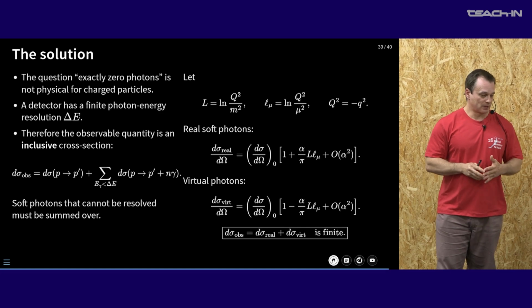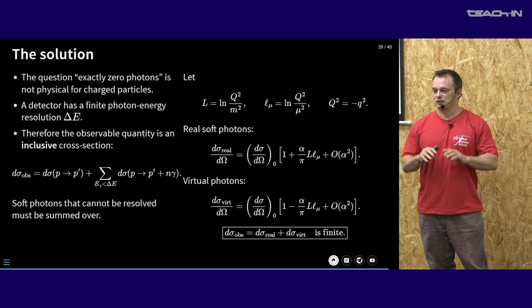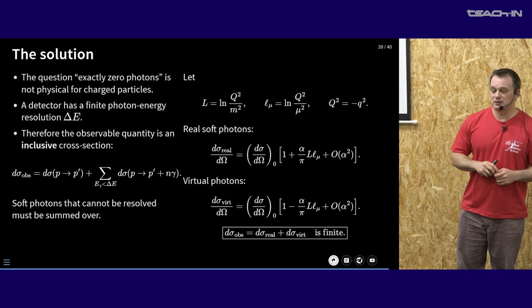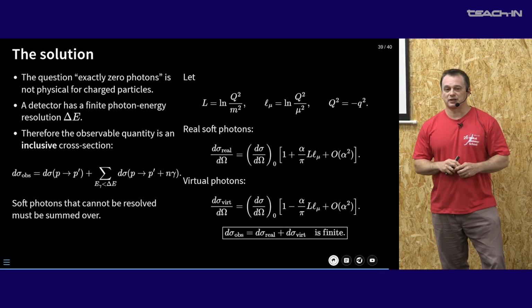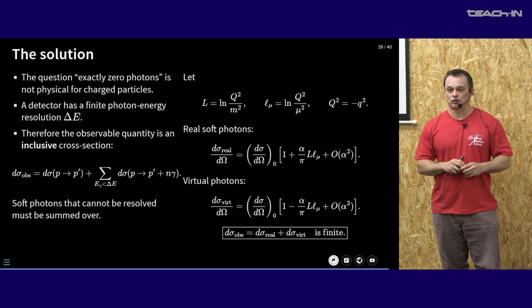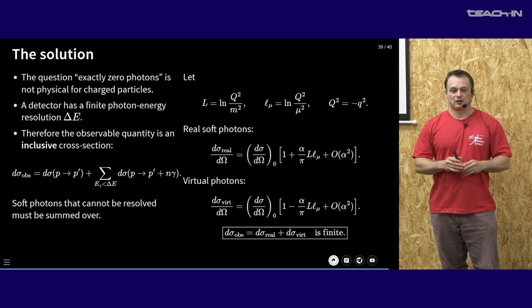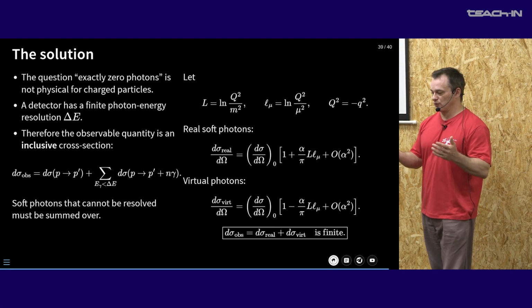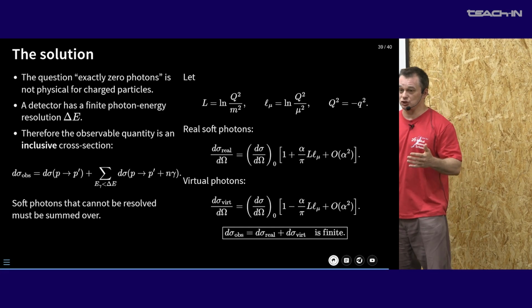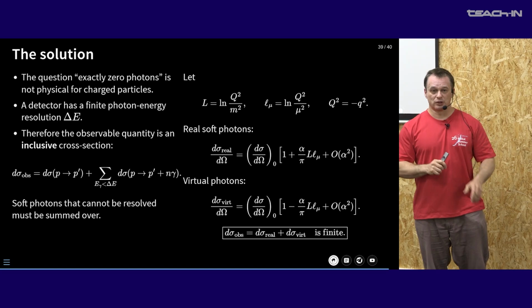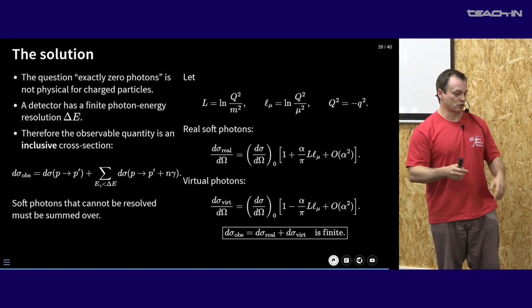As I said, the exactly-zero-photon assumption is not valid. But an experimental detector always has some finite energy resolution, which means that it cannot see energy below a certain threshold. And therefore, if some photons are produced with small energy and your detector cannot resolve this individual energy, it just sums up all these energies.